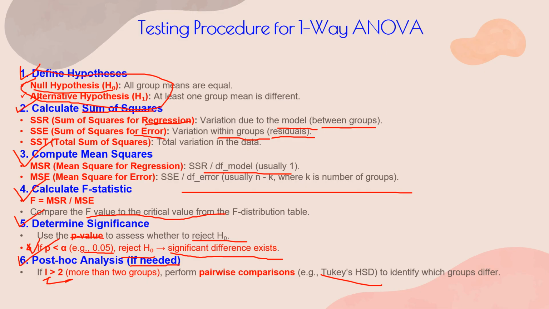The other one is called Scheffé, especially when the group sizes are different. For example, males 111, females 99, total 200, so the group sizes are different. Scheffé may be better than Tukey's HSD.